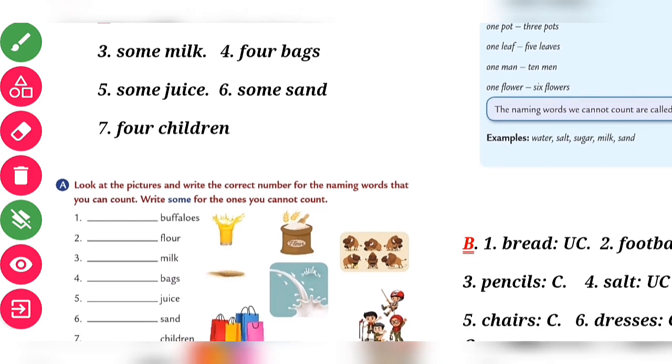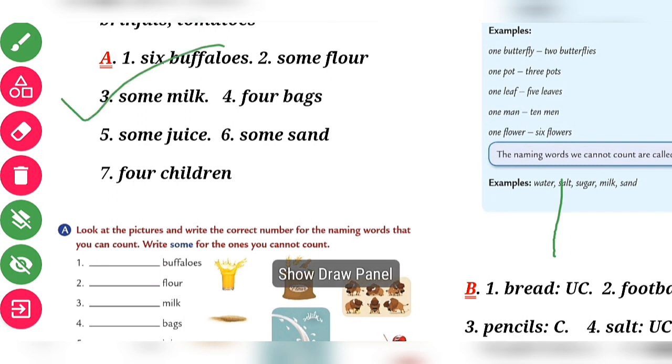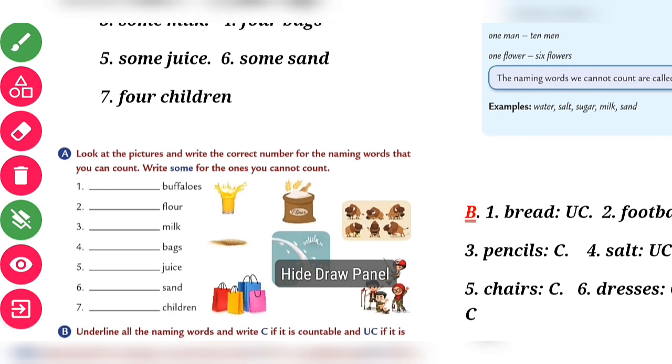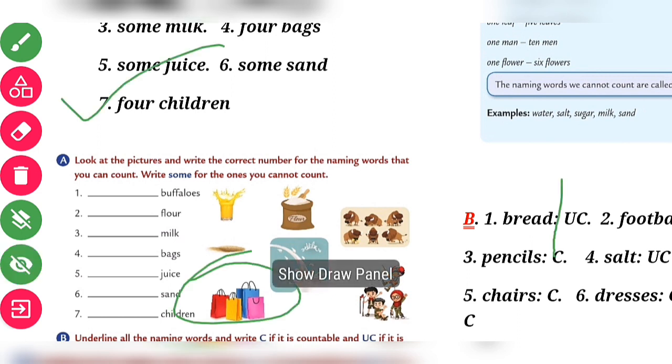Then flour. Now flour we cannot count, so that is why we'll write some flour. Here it is written, you can see that, some flour. Then milk, so some milk. Next, this bag, so bag you can easily count. So 4 bags.